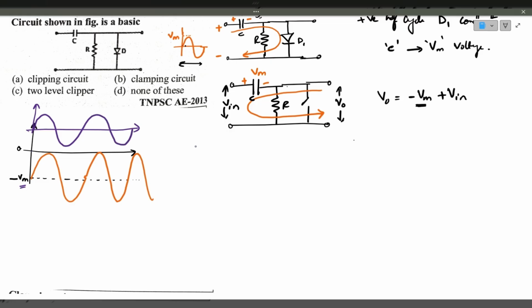So this is nothing but a negative clamper. You are clamping the DC bias of the input voltage to the negative side.